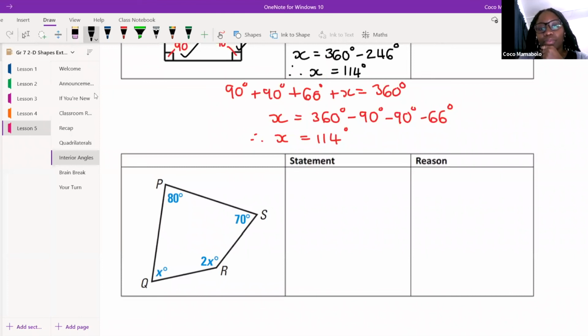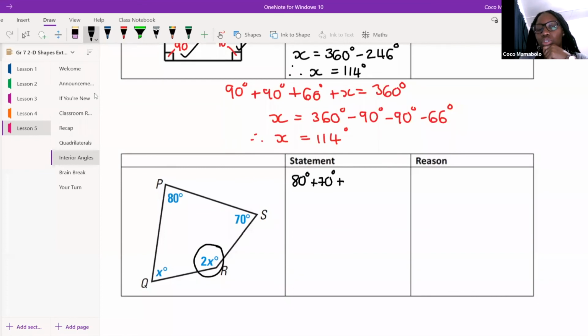Okay, so the statement is going to be 80 degrees. Good. Plus 70 degrees. Excellent. Times 2. No, not times 2. Remember, we're adding. Plus 2 to what?